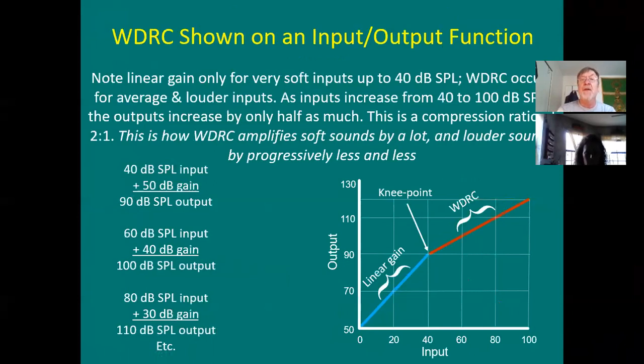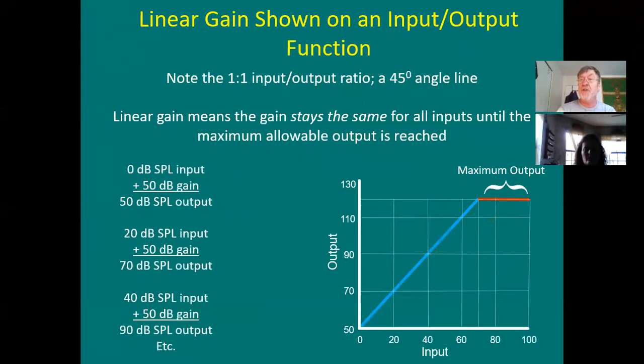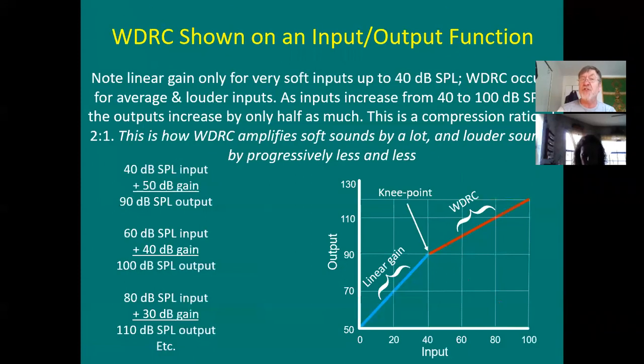Okay, wide dynamic range compression now. Contrast that to this picture. So now look at what compression's doing. Note, linear gain only for very soft inputs up to 40. WDRC occurs for average and louder inputs.